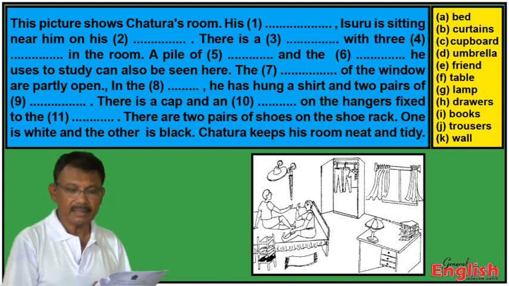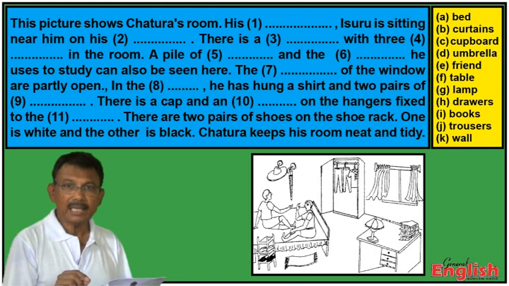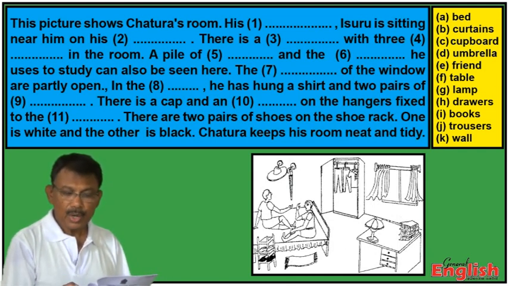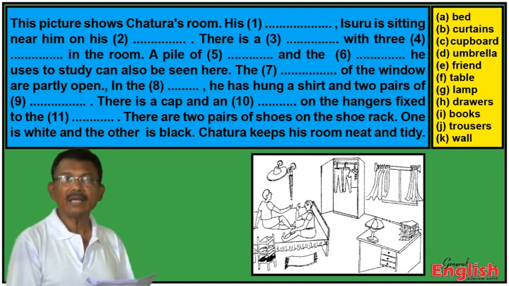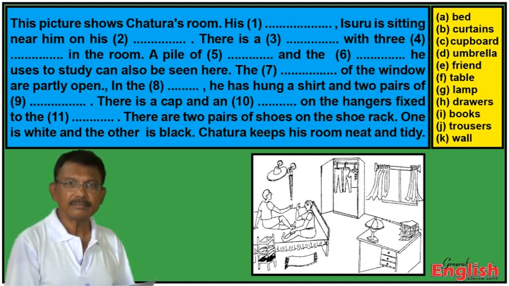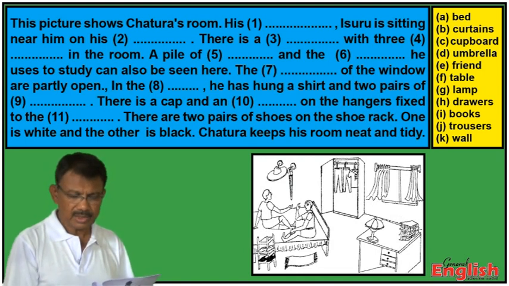C, cupboard. D, umbrella. E, friend. F, table. G, lamp. H, drawers. I, books. J, trousers. And K, wall. Okay, these are the words.